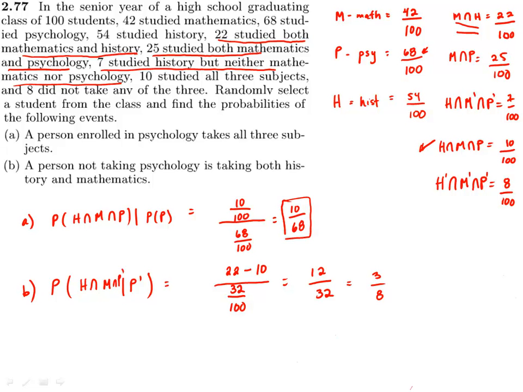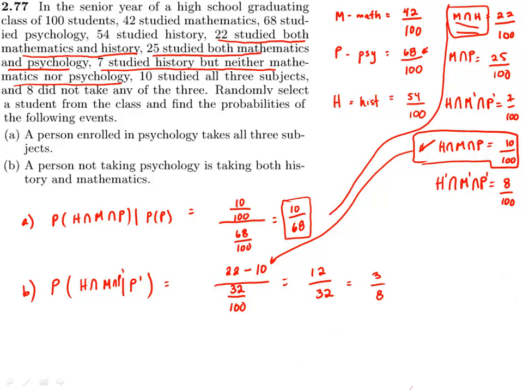So we know this, and we know this. So using that information, we can find who's taking both history and math and not taking psychology. And that's part B.